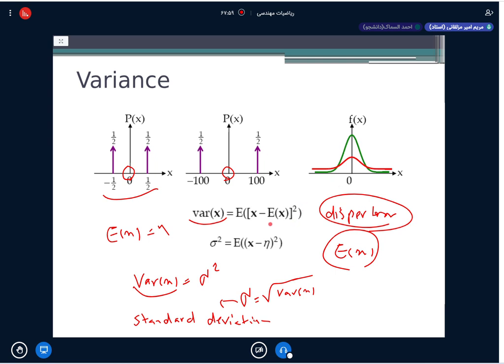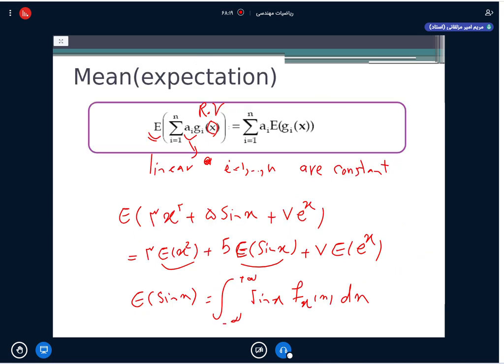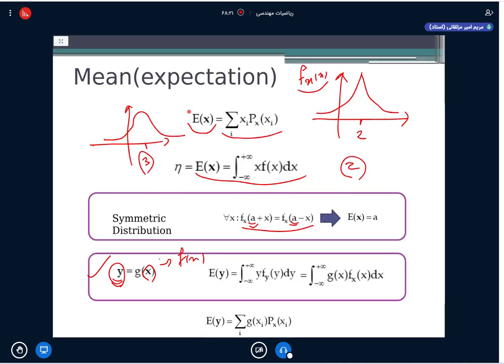Okay, I again talk about this slide. Here, we defined another statistic to work with random variables. Previously, we defined expectation of x.